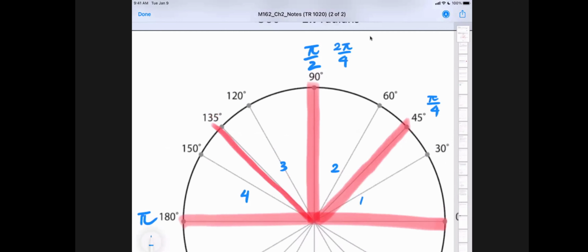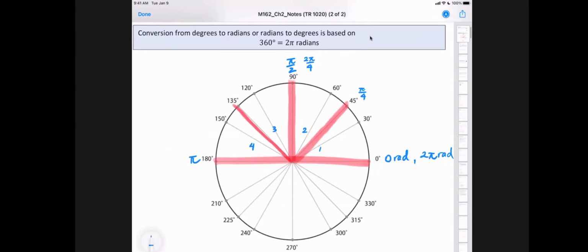And keep counting up around the circle. So 3 pi over 4 is equivalent to 135 degrees. And then 4 pi over 4 reduces to pi. So you do want to get those quadrantal angles matching up when it gets reduced.